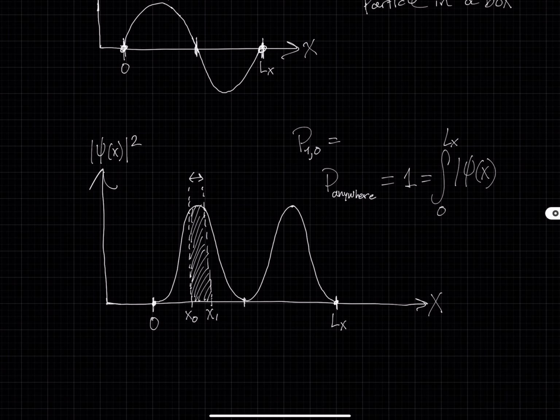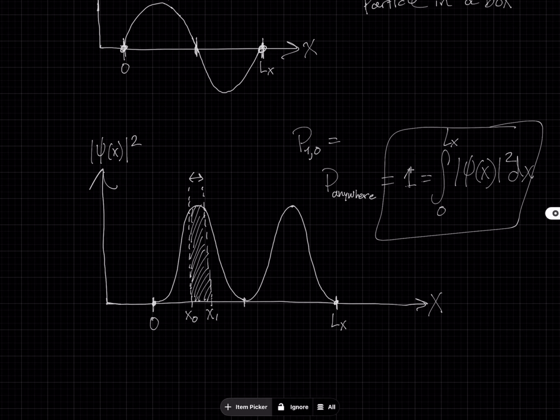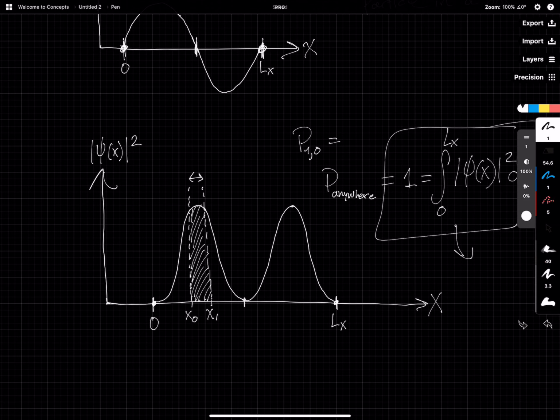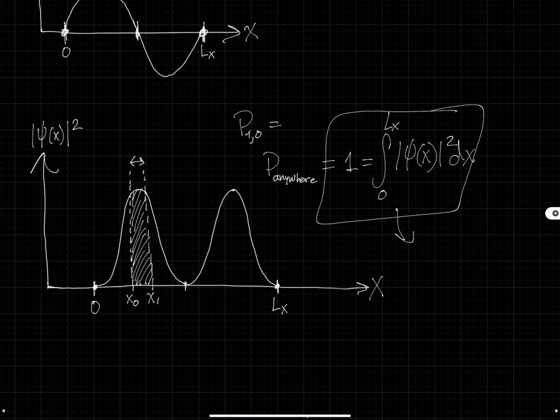If we integrate over this entire curve, I'm just taking this function here and integrating all over, we should get, you evaluate this to precisely 1, okay? And this is where the concept of normalization comes into play. What I did there is I normalized my function.